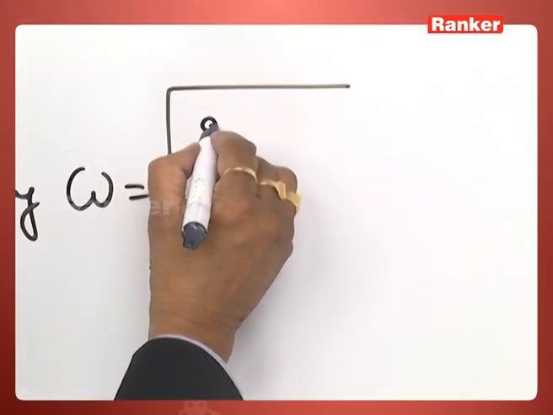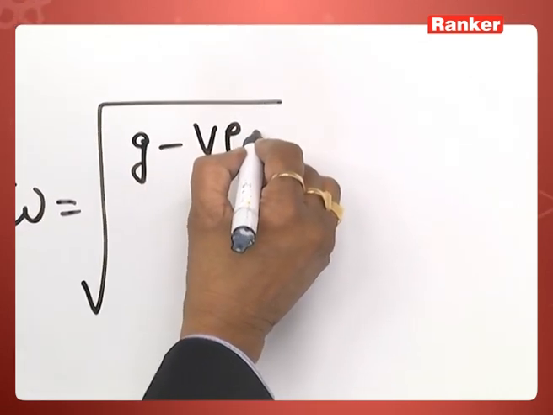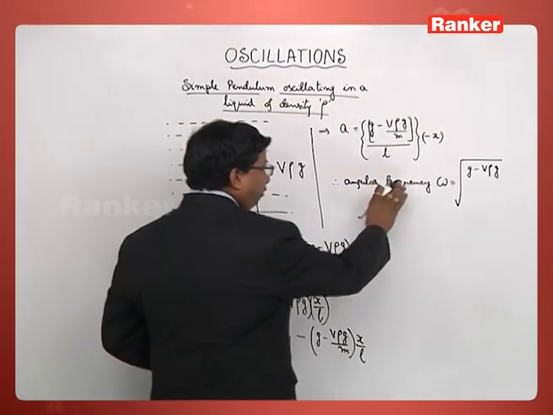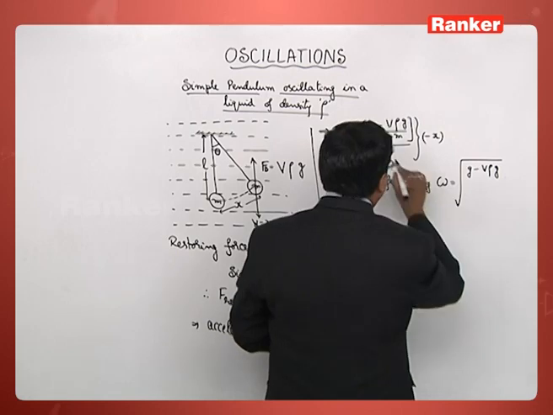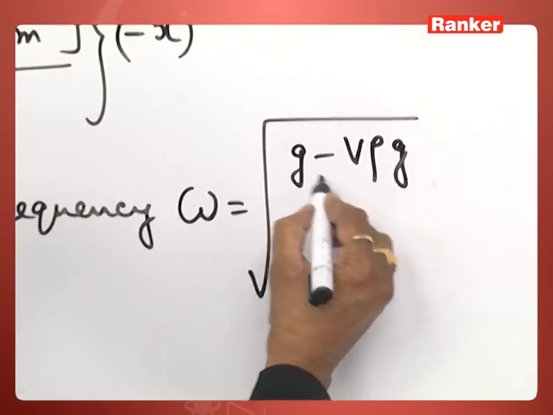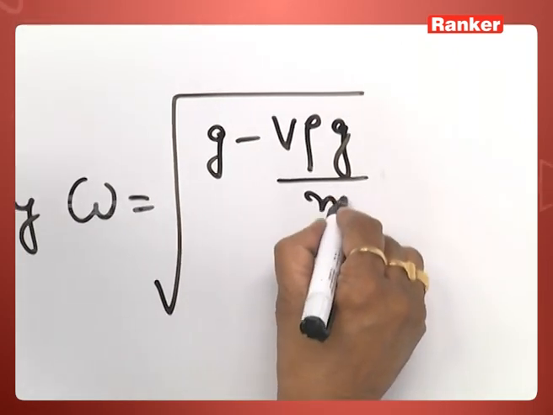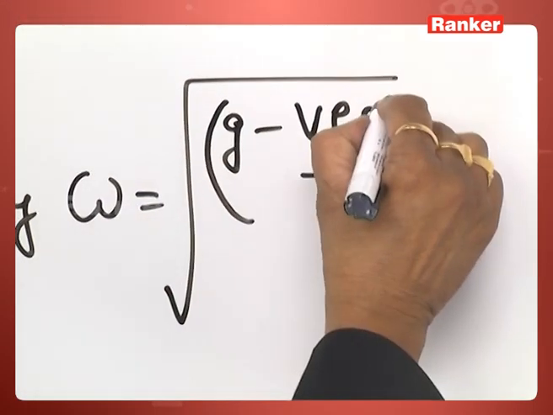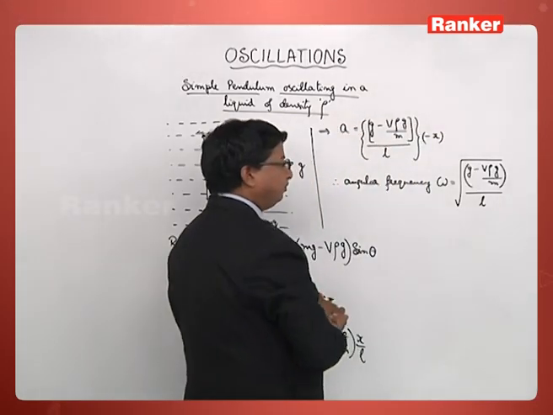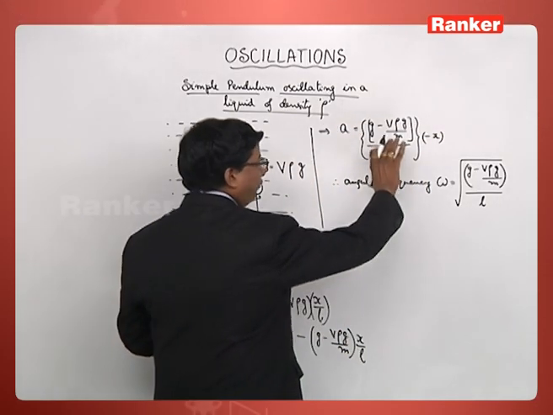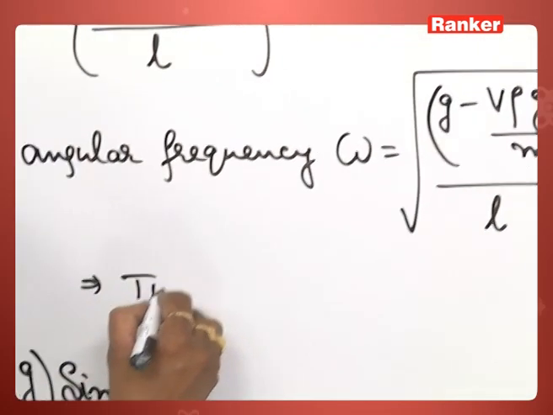Directly you can write g minus V rho g by m, whole divided by L. So, the angular frequency of simple harmonic motion of that bob inside the liquid now becomes under root of g minus V rho g by m whole divided by L. When angular frequency of the bob is this much, what would be its time period?